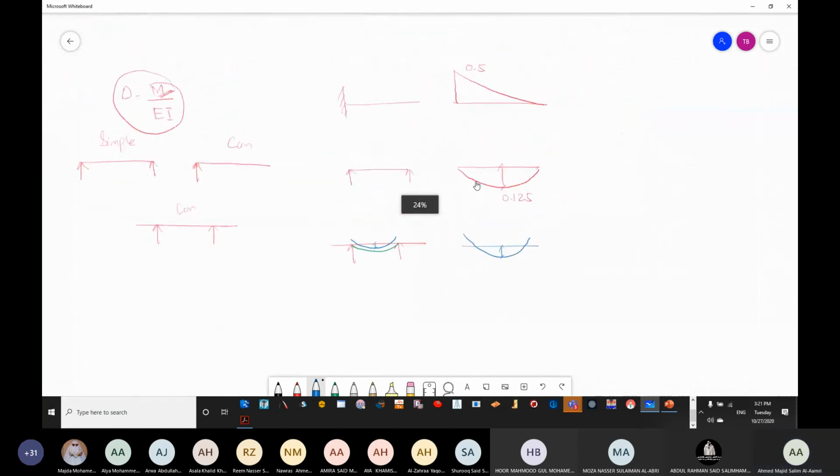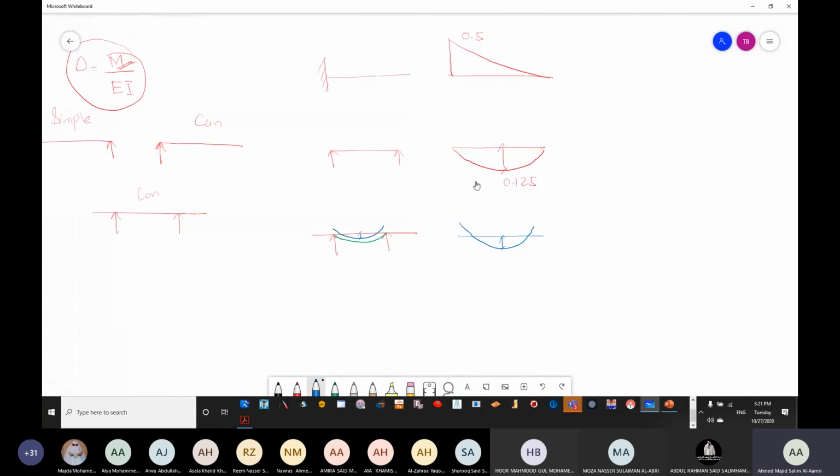Now, let us have another case. Let me just delete this one and draw it here. We said this is going like this, and the coefficient here is going to be something lesser than 0.125.